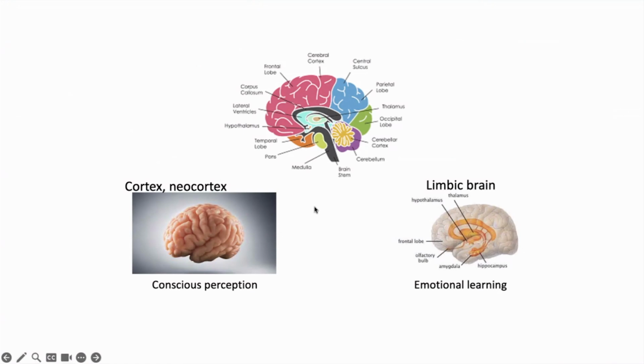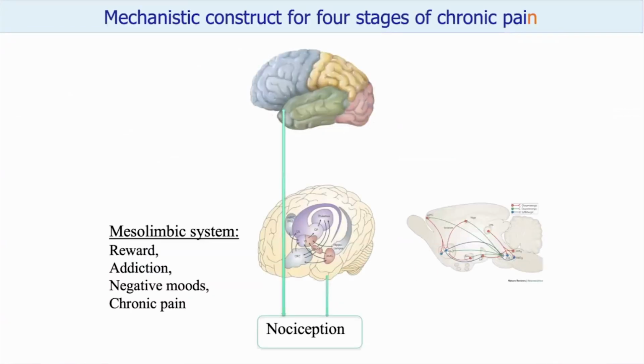So obviously this is a simple approach, but in a sense, this gives us a global, high-level concept of mechanisms with which we can think about the transition from acute to chronic pain.